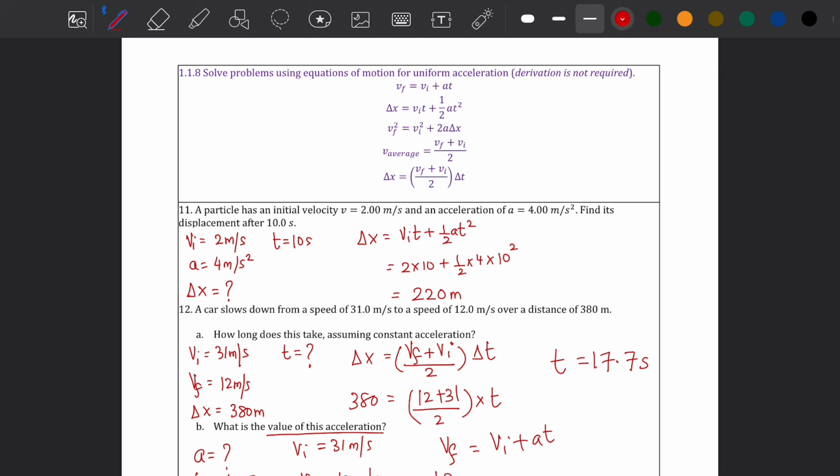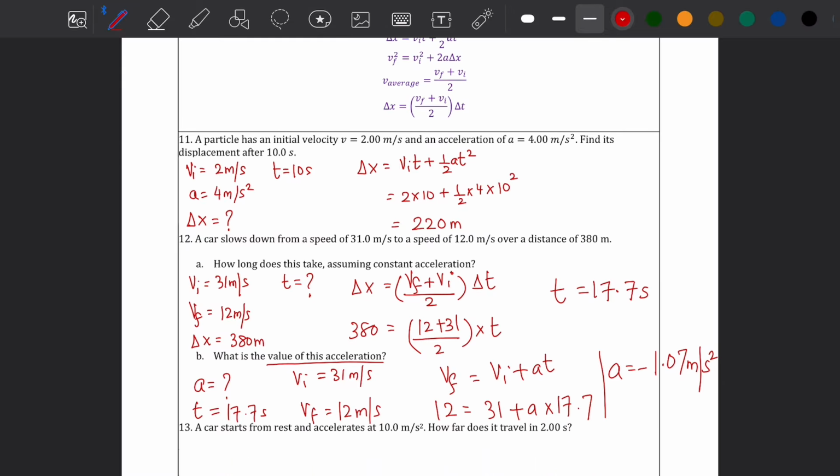So 12 equal 31 plus A multiplied by 17.7. And we can use our calculator to get this. I get the answer as negative 1.07, and we can put the unit as meter per second square.